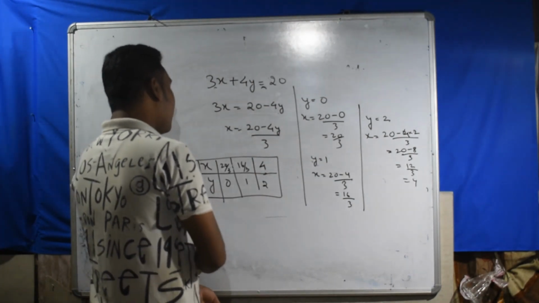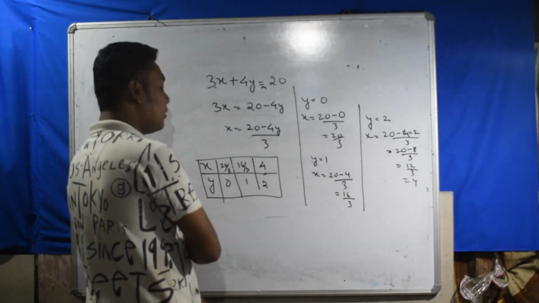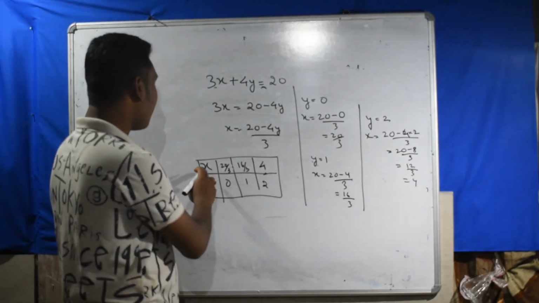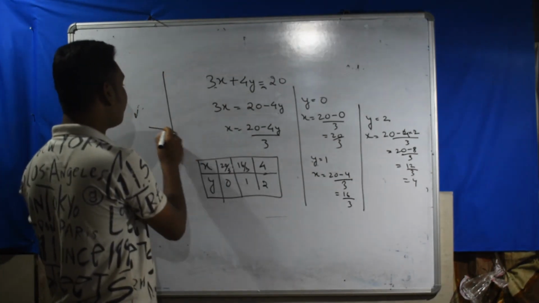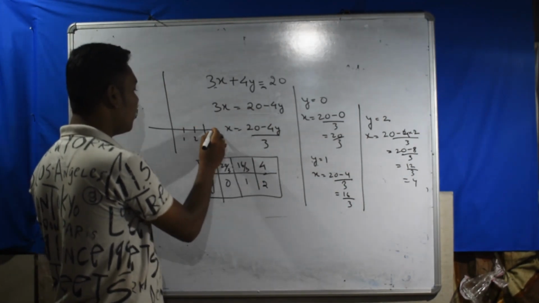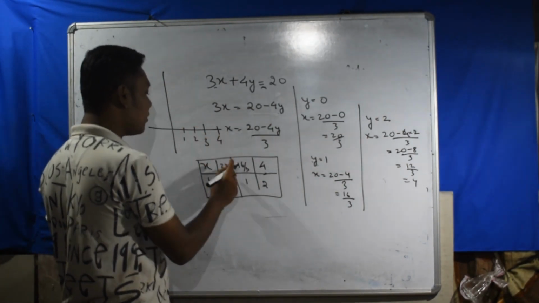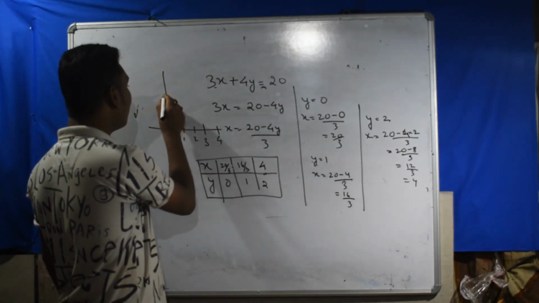So I just require two values of x and y to plot a graph. Plotting a graph: 1, 2, 3, 4. x up to 4 we have, y 1, 2, 3.